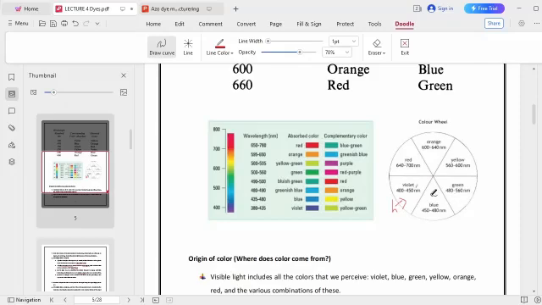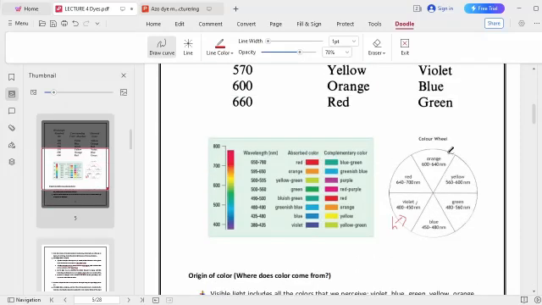Now, non-conjugated systems need high energy because the valency between the ground state and the excited state is quite big.